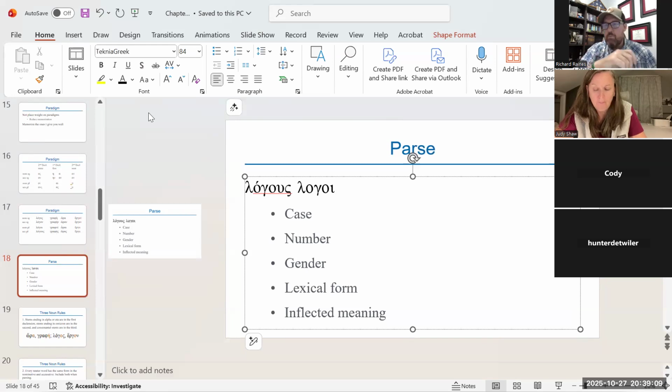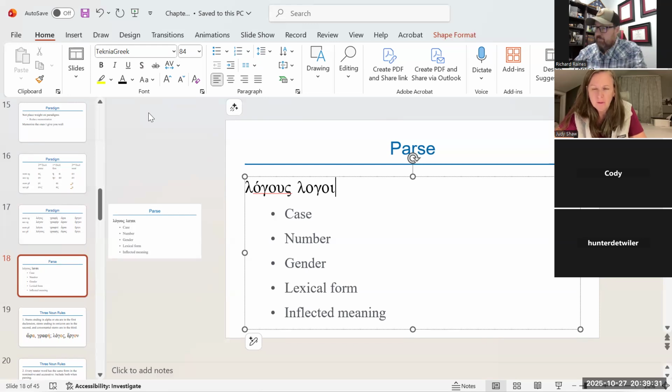Remember, the lexical form is always the form that you memorize the word in, and it's always the nominative singular. So what is the nominative singular of logoi? Logos, right?